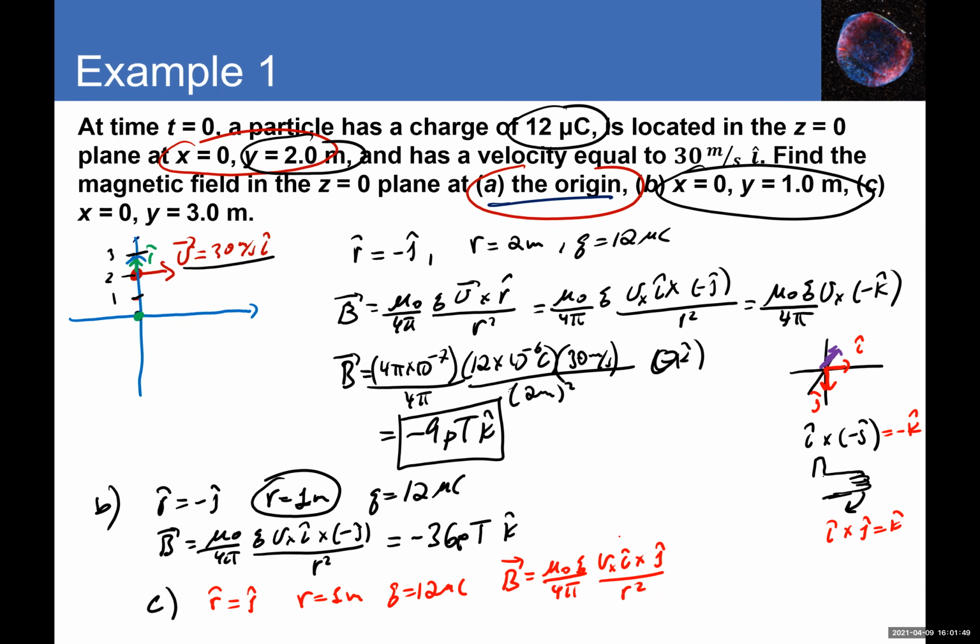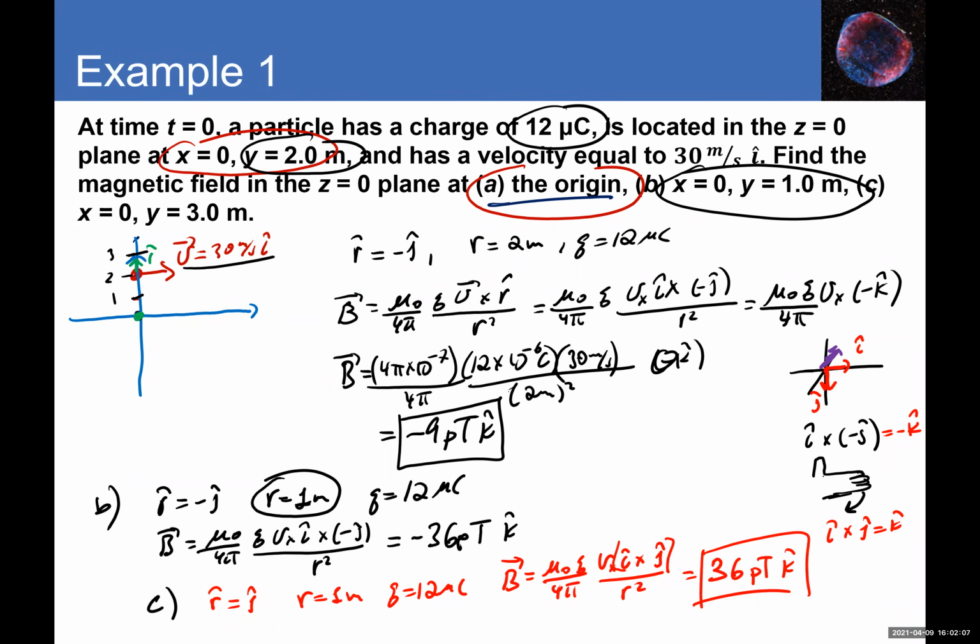That means I'm going to get pretty much the same answer because everything is the same except this cross product, which just changes the direction. So I get 36 picotesla, but in this case in the K hat direction.